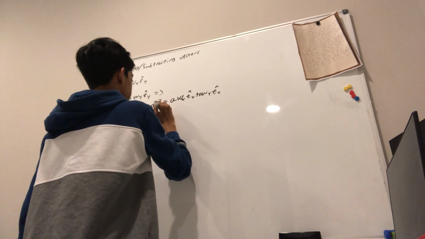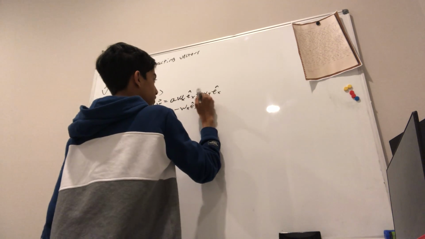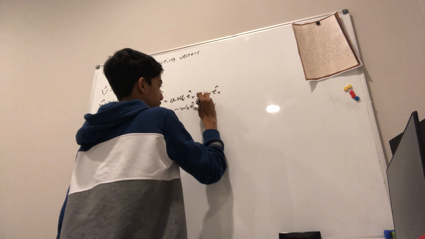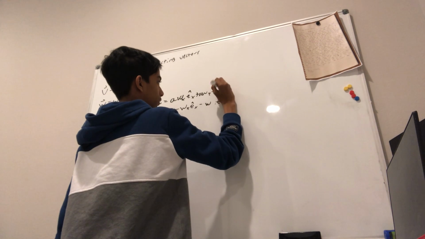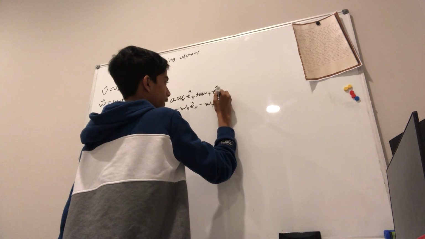So negative vector w is equal to negative wx e hat x minus wy e hat y.